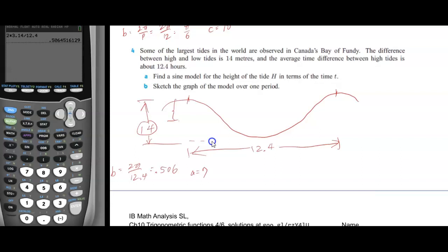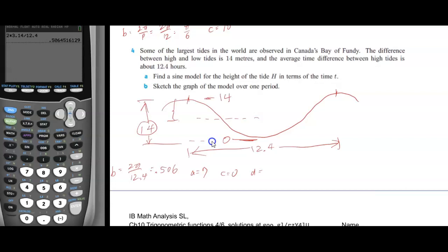I don't really know where the starting point of this is because they never tell us what the height of the tide is at midnight. So the c value, let's just keep it at 0. And then the d value, remember, is the mean line. Well, they don't really tell us what the tide heights are. So maybe we could just set the lowest point to be 0, and then the highest point, of course, would be 14.